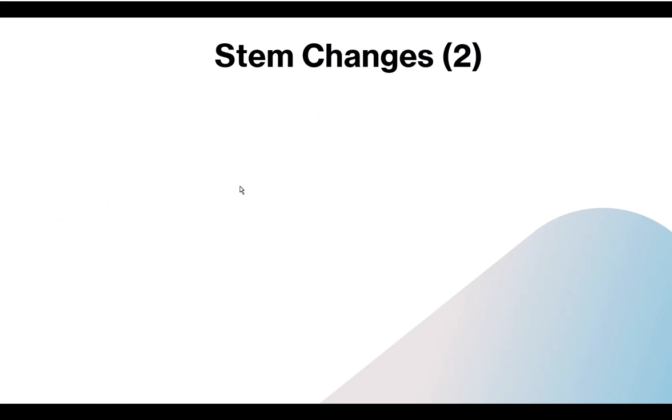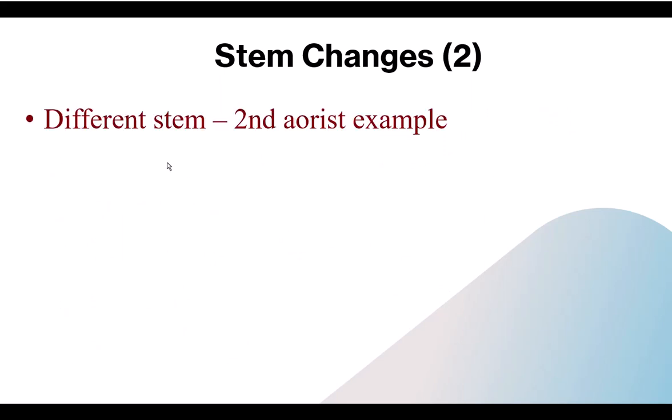Further considerations about stem change. Sometimes we can have a second aorist in the aorist active, but it ends up having a first aorist ending in the passive. So here we have the verb lambano, and the second aorist for the active is elaben. So the lambda alpha beta stem here is different than the lambda alpha mu beta stem.